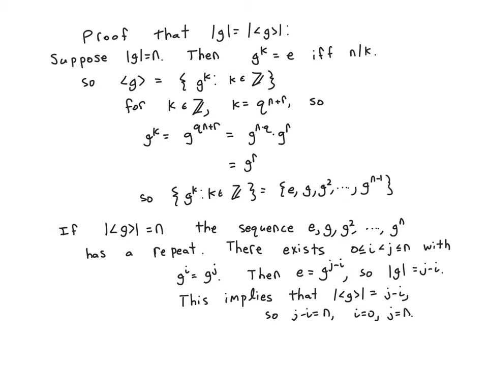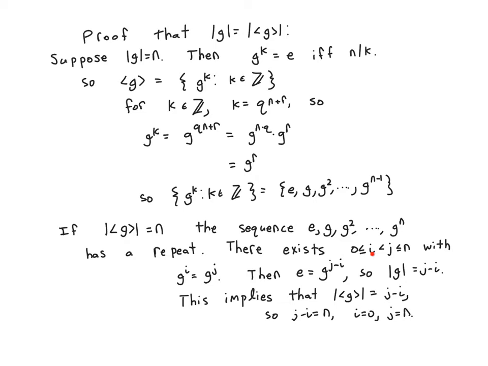Now on the reverse direction, suppose your cyclic group has size n. Then if you look at the sequence E, G, G squared, so on up to G to the N, this has N plus 1 elements. And so not all N plus 1 elements can be distinct. There must be a repeat. That's called the pigeonhole principle.